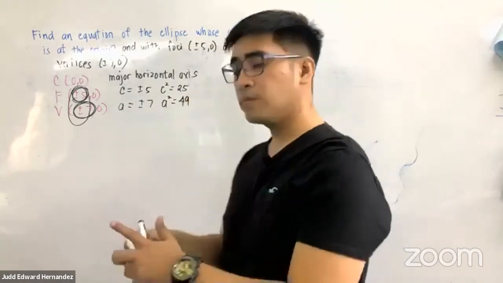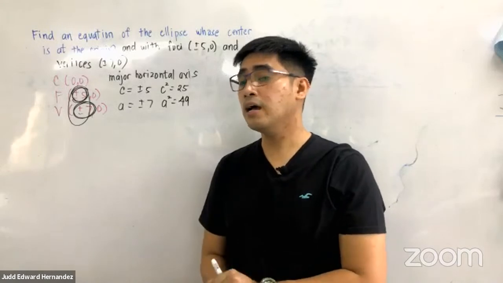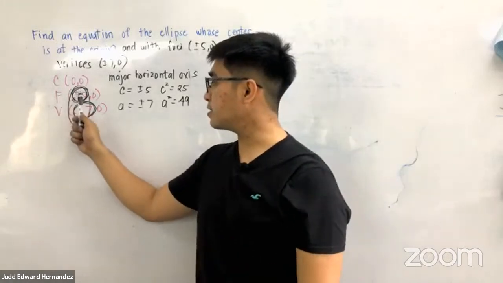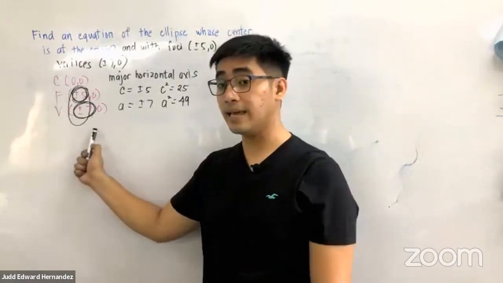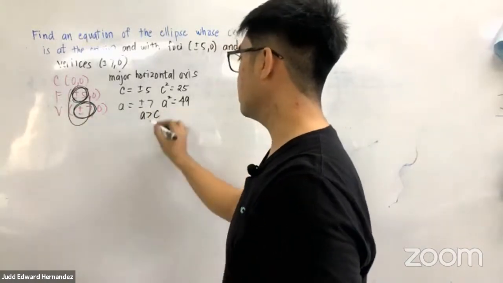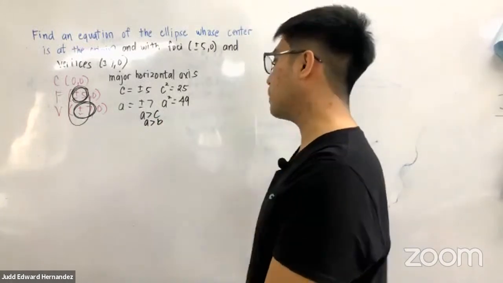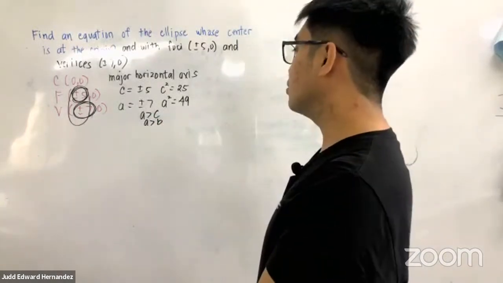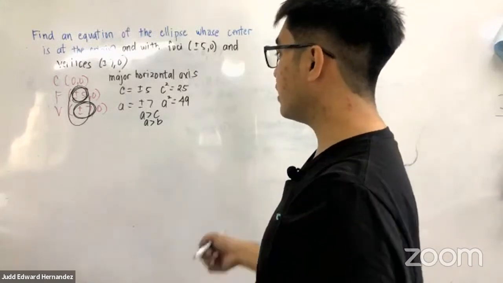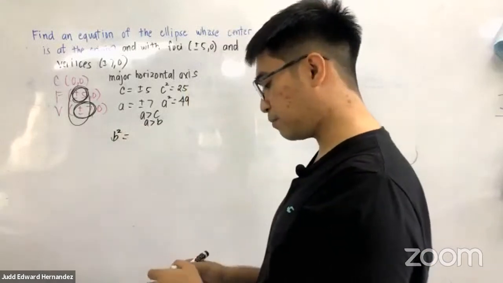Okay. Guys, huwag kayong malilito palagi ha. Always remember na huwag mong pagpapalitin si C saka si A. Mas malaki palagi si A kaysa kay C. Remember that A is always greater than C or A is always greater than B. So, basta pinakamalaki palagi si A dun sa tatlo. So, alam na natin yung A at si C. Ano nga hanapin natin? B squared. And what is our formula for B squared?